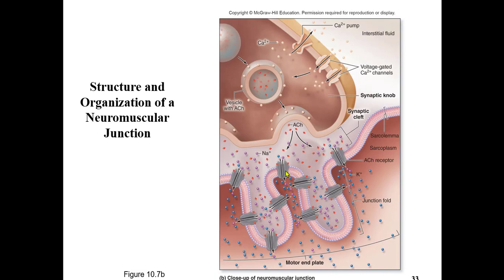When ACH sticks to the receptors, it's going to cause it to open up like a channel. As you can see, it's opening up here as a channel. What's going in? Sodium is going in. What is coming out? Potassium is coming out. So sodium goes in, potassium comes out. That is your sodium-potassium pump in essence.